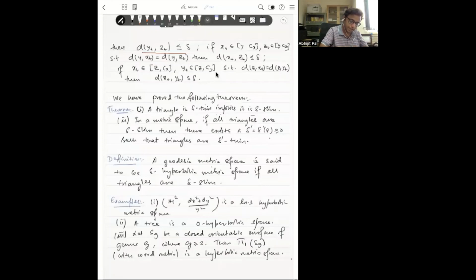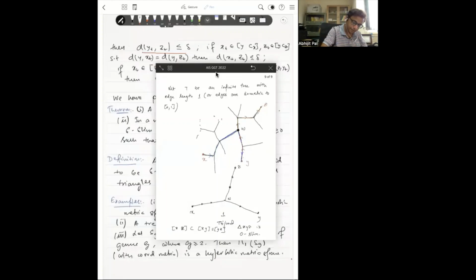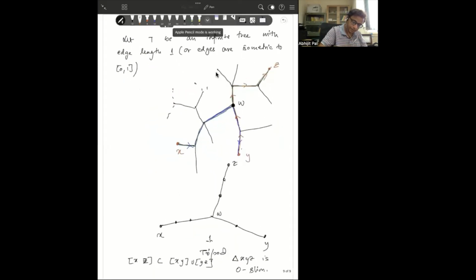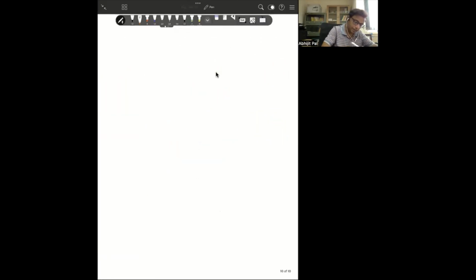So let me explain it with a diagram. I have taken delta to be greater than or equal to 0. So what do you mean by a delta thin triangle?